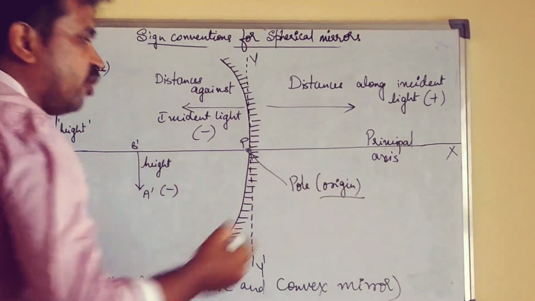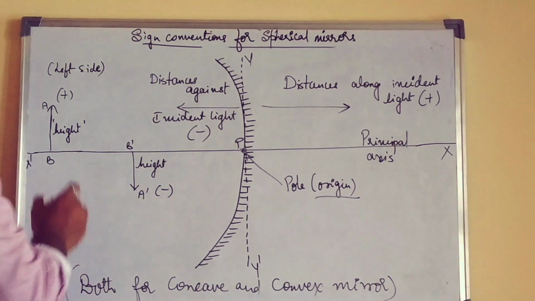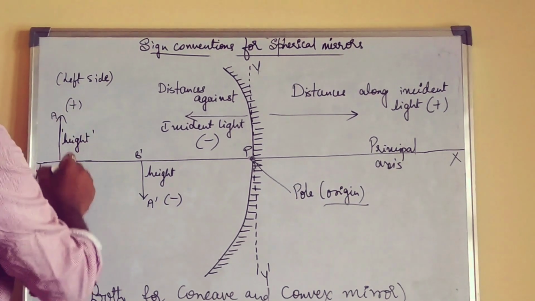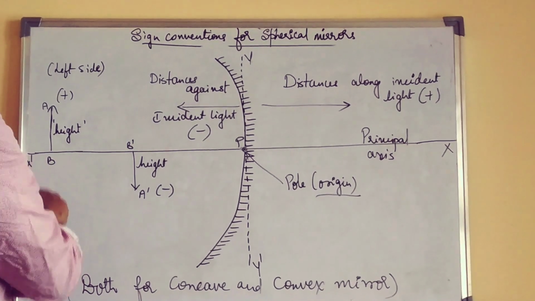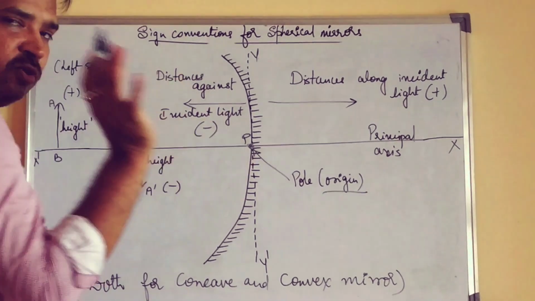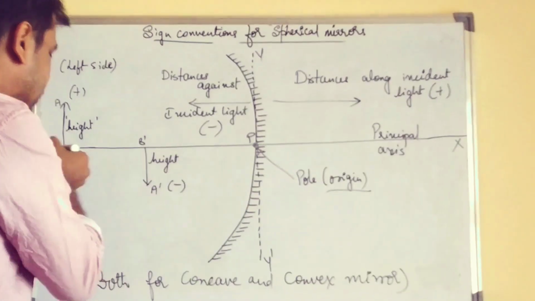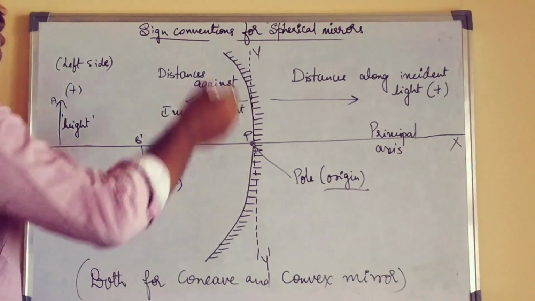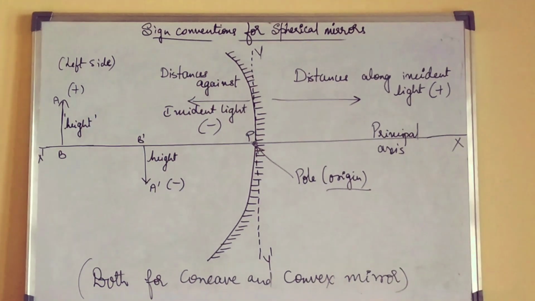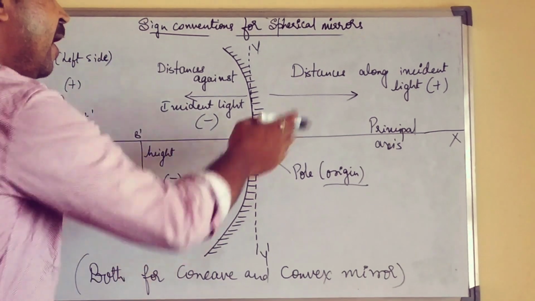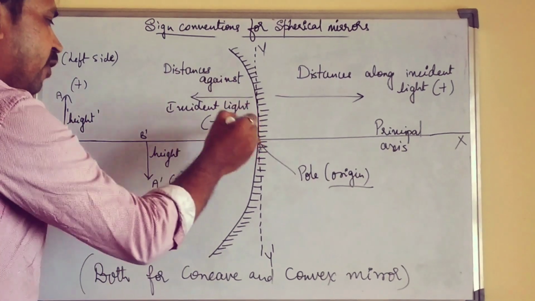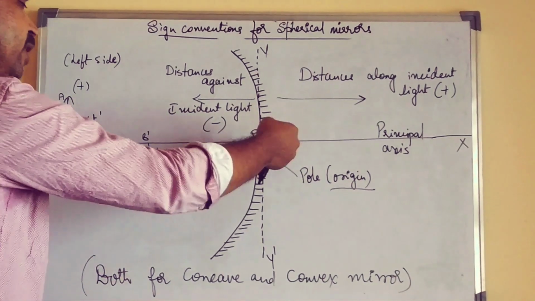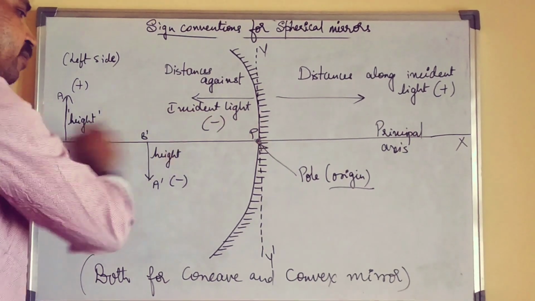That's why it is called the origin. If you want to find the location of this object, you cannot measure from the object to the pole. No, that is not it. From the pole, you have to move towards the object. That's why the pole is called the origin. All the distances that you measure parallel to the principal axis have to be measured from the pole. From the pole, not towards the pole.